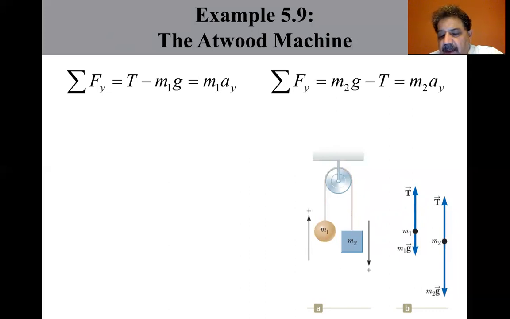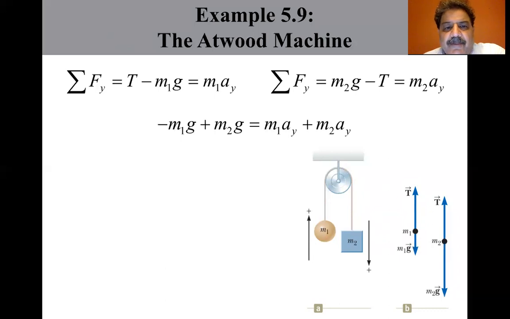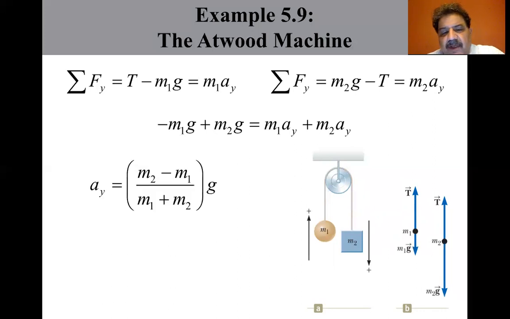Now, let's add these equations, noticing that T cancels. And so you get minus m1g plus m2g equals m1ay plus m2ay. You solve for the acceleration. Acceleration is equal to (m2 minus m1) divided by (m1 plus m2) times g.